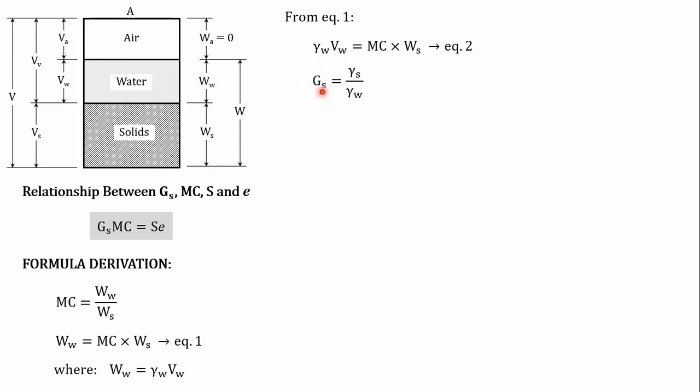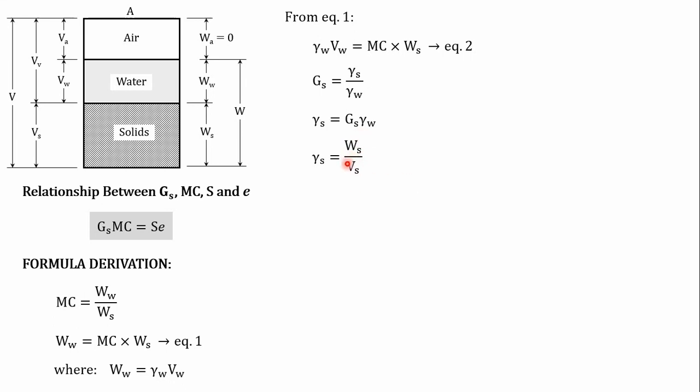Dito tayo magsimula. So, Gs is equal to unit weight sa solids divided by unit weight sa water. That is the simple formula of specific gravity. So, unit weight sa solids is equal to Gs times unit weight sa water. And then, unit weight sa solids is equal to weight sa solids divided by the volume of solids.